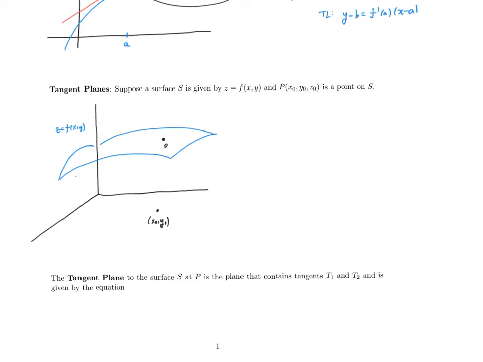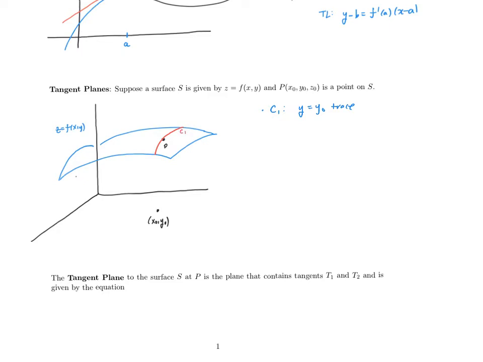And to get us to the tangent plane, I'm going to remind us of a few things we discussed in our previous section. I'm going to once again say that C1 is a curve that we get in the y equals y naught trace. And this should look similar to our previous section. If we look in that y equals y naught trace, we have a curve.